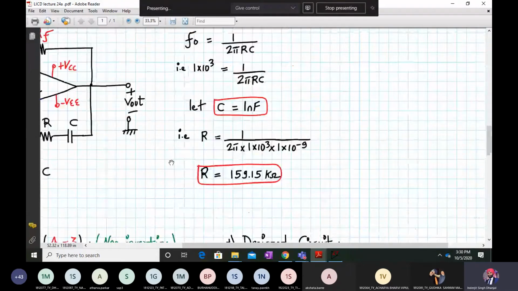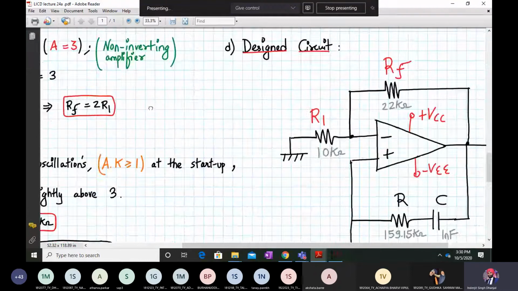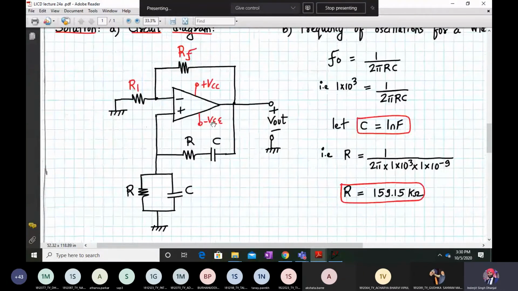So this op-amp is working in the non-inverting mode, because V plus is acting as an internal input. So this amplifier is basically a non-inverting amplifier whose gain is given by A equal to 1 plus Rf upon R1.